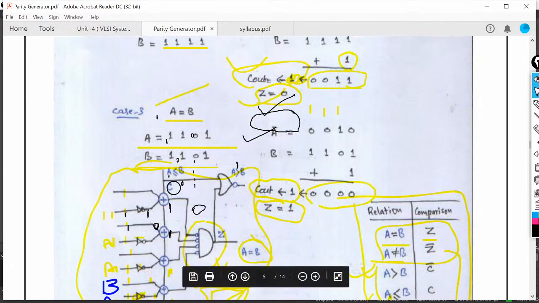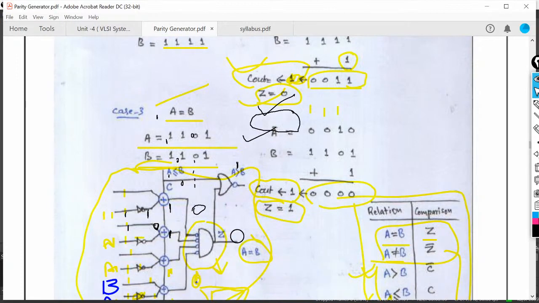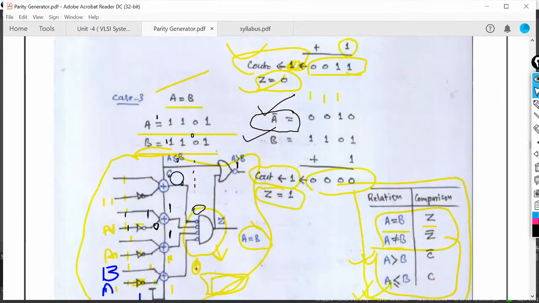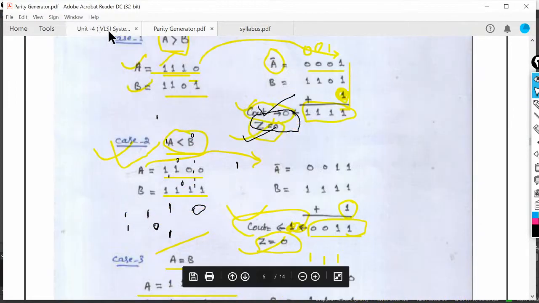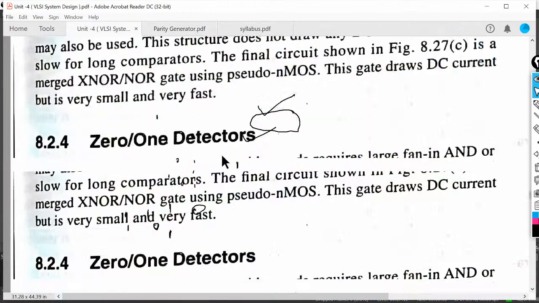That means you will get output 0 from this port and output 0 from this port. Okay, so this one is the gate level structure for this comparator.